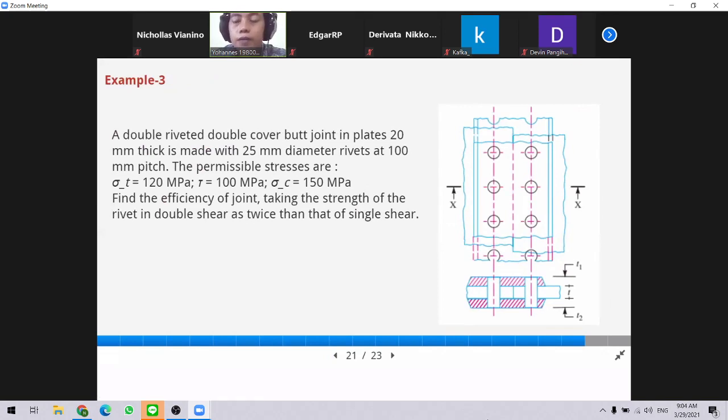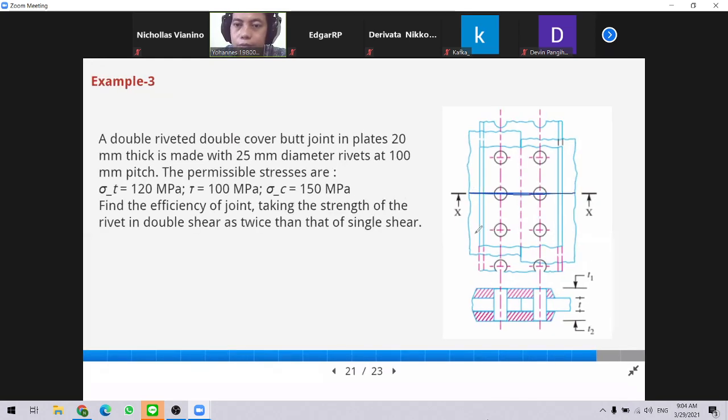The tearing resistance doesn't change, because for single pitch here we have the load working here, and this is the tearing area.